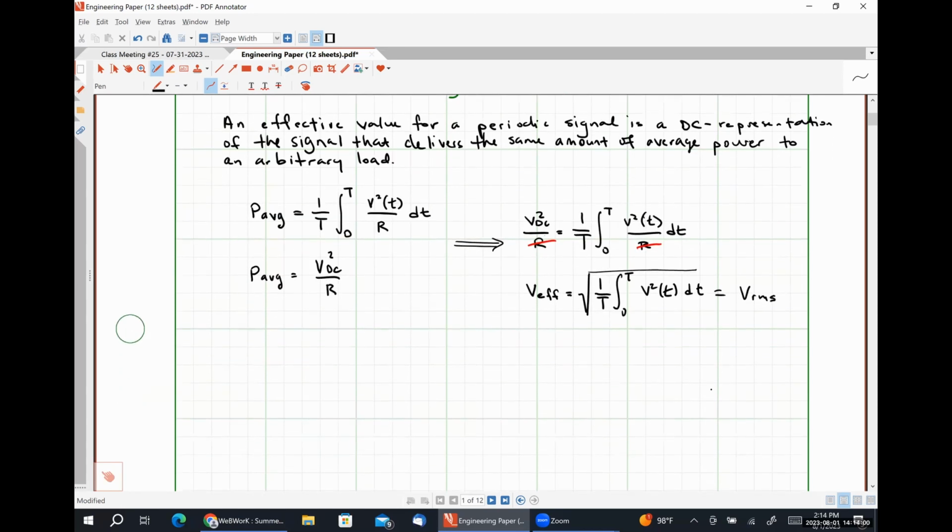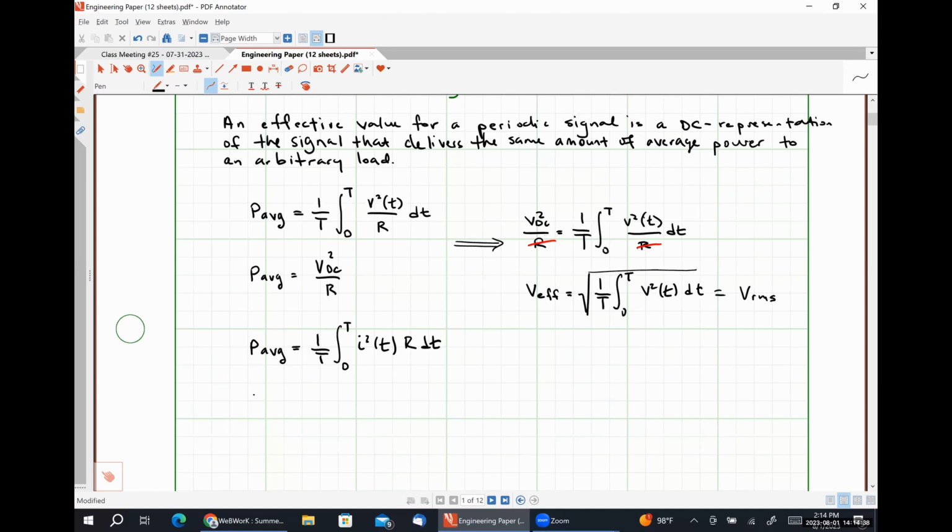We can do something similar for currents, right? So if we have a periodic current waveform, much like you had in your homework 22, problem 4 or 5, I don't remember which one off the top of my head, but it's the last problem that we looked at in yesterday's class meeting. The average power would be 1 over T times the integral over 1 period of the square of our current waveform times our resistance.